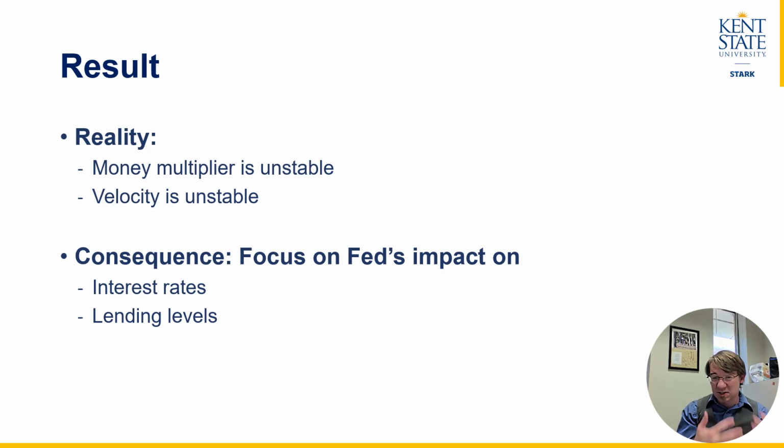Because of this instability, the Fed tends to focus on how it's impacting interest rates and lending levels. We don't see a whole lot of concern from the Federal Reserve about the money supply itself, because the way money hits the economy depends on what velocity is, nor do you see a lot of concern about how the monetary base affects the broader money supply.